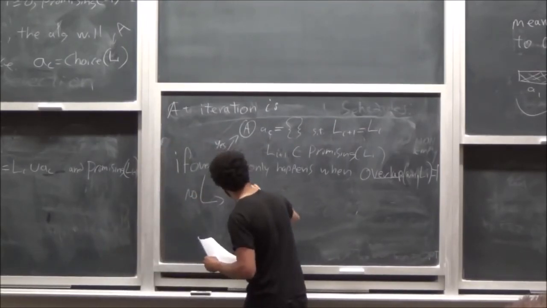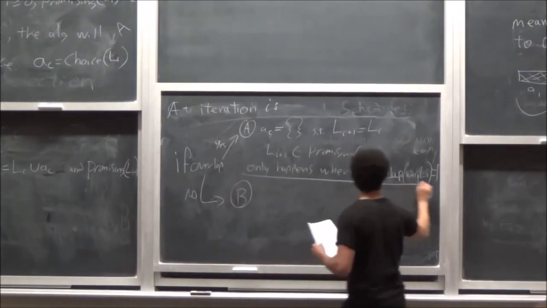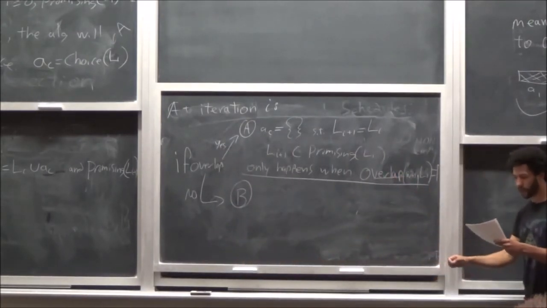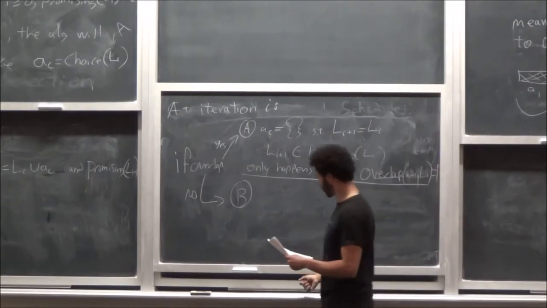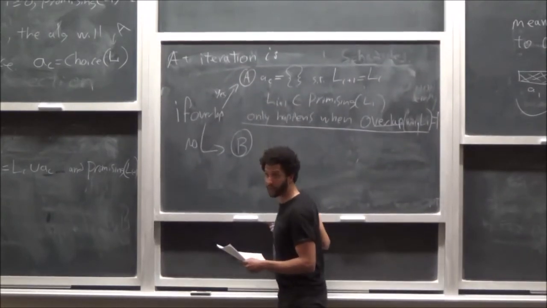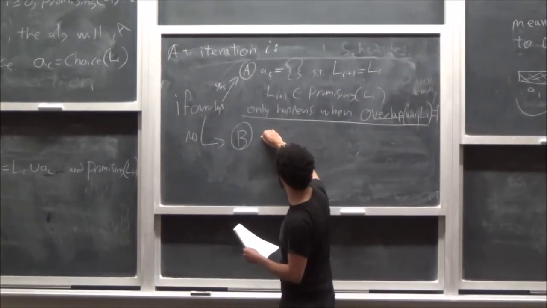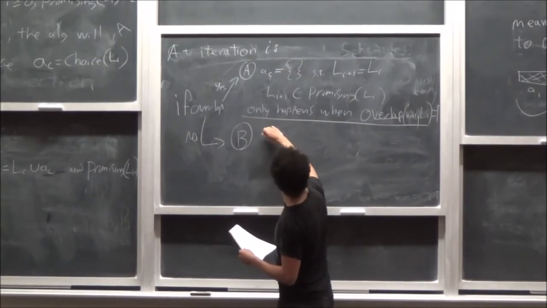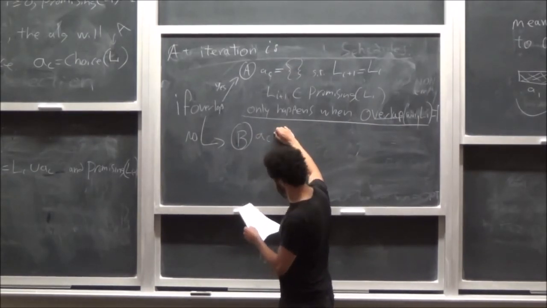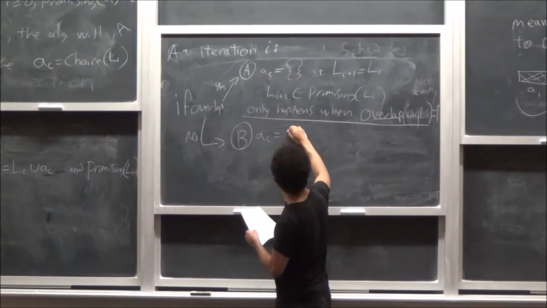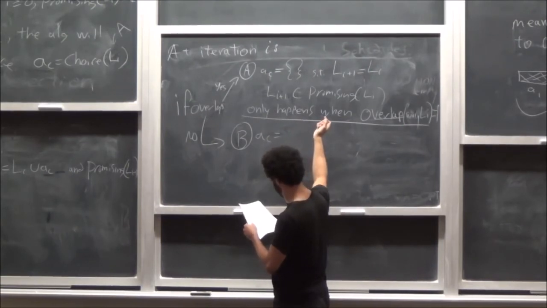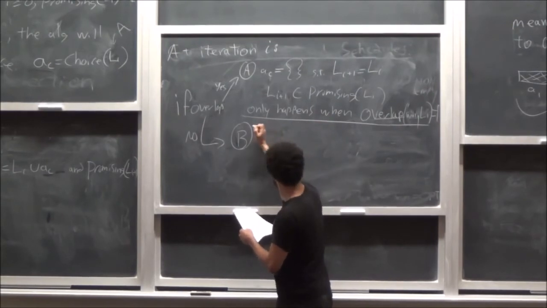Okay? So in case B, what are we going to do? What happens in case B? So we have an AC. We have AC equals some item. I don't really have a good notation to it. So I'll just write what I wrote in my notes.